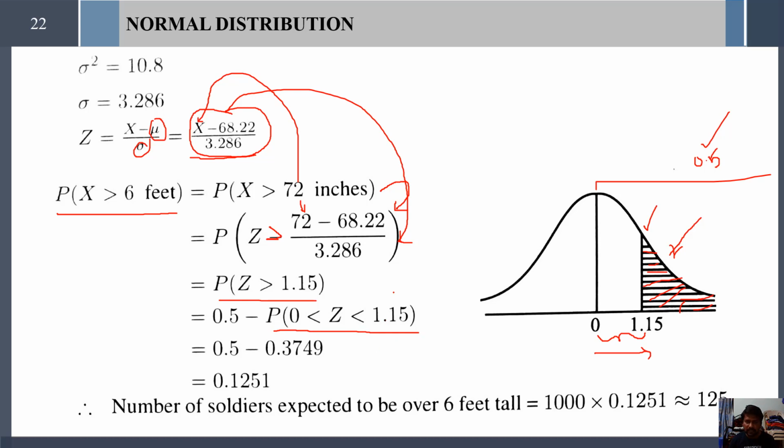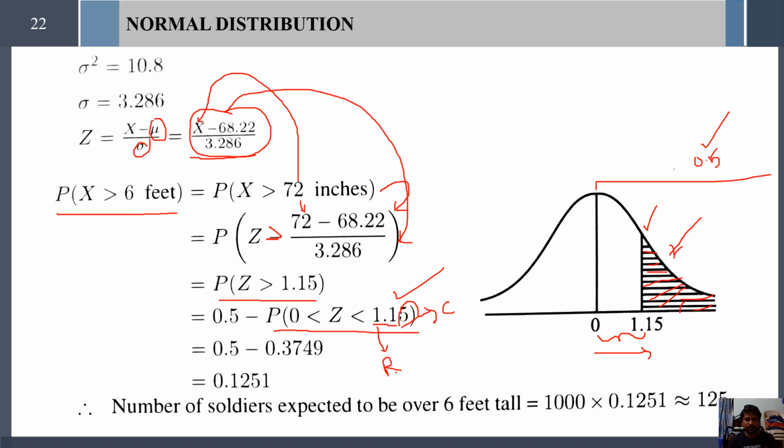But now, referring to the normal table for this value, 1.15: this is the 1.1th row, and this is the column value. This 1.1 is nothing but the row value.